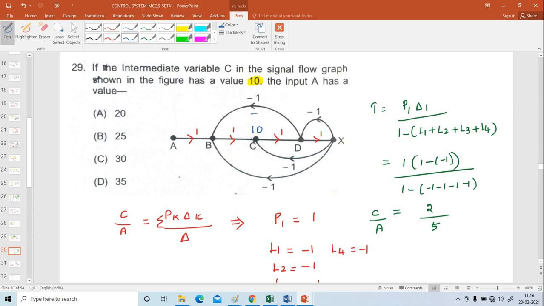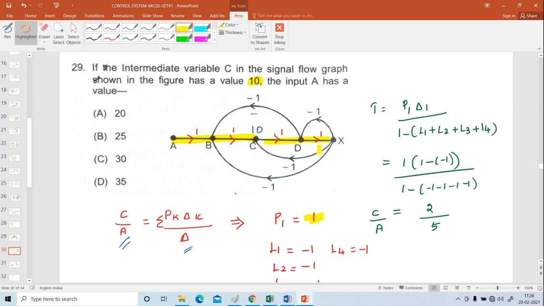So what is C by A? C by A is the transfer function, summation Pk delta k divided by delta. So the first forward path is A to A, B, C. So P1 equal to 1 into 1. P1 is 1. And next find out the loops. How many loops?